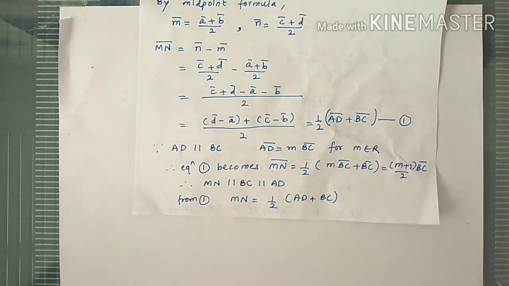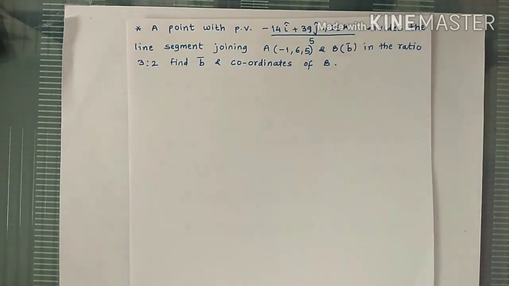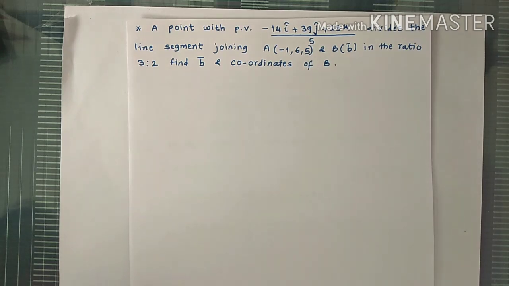The next question is, a point with position vector minus 14i plus 39j plus 28k upon 5 divides the line segment joining the points A(-1, 6, 5) and B with position vector B bar in the ratio 3:2. Find B bar and coordinates of B. So this is a question of section formula.